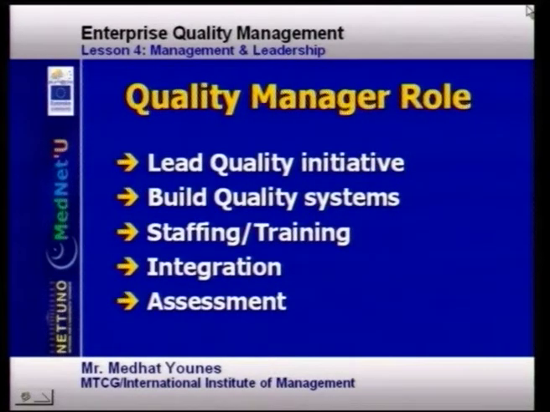The quality manager role is to lead quality initiatives, build quality systems, provide staffing and training, integrate the quality activities across multiple departments, and conduct a regular assessment of the performance of the quality management system.